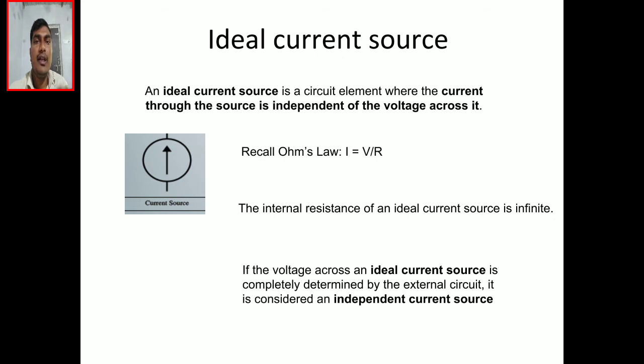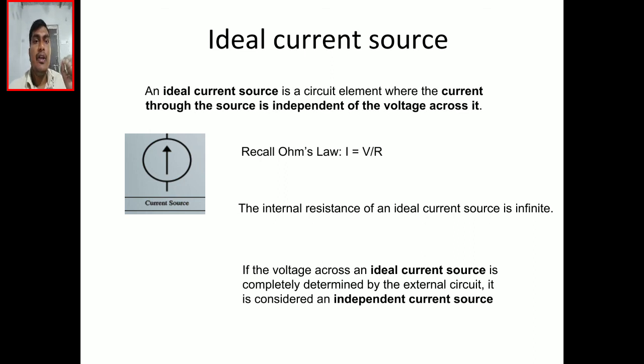Next, the ideal current source. In the case of an ideal voltage source, it supplies constant voltage independent of any other current. Here the ideal current source supplies constant current, independent of the load voltage, without changing the current, independent of any other voltage across the load.